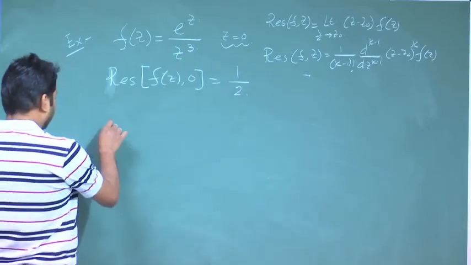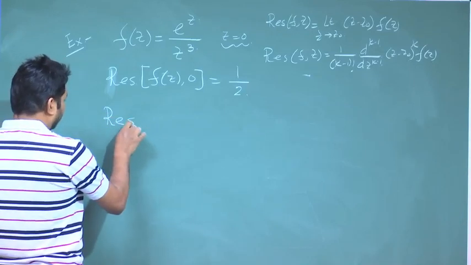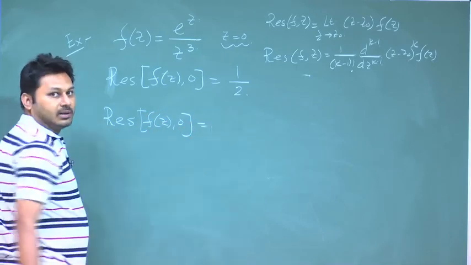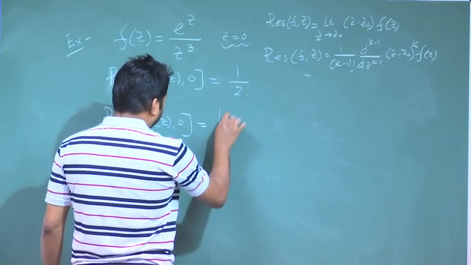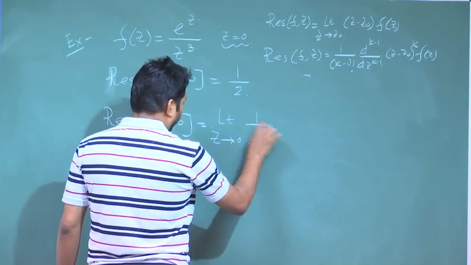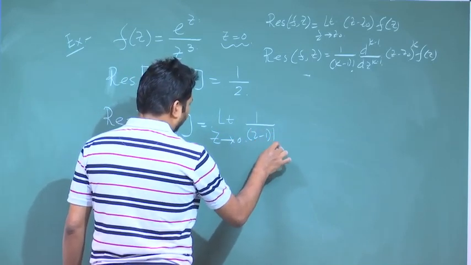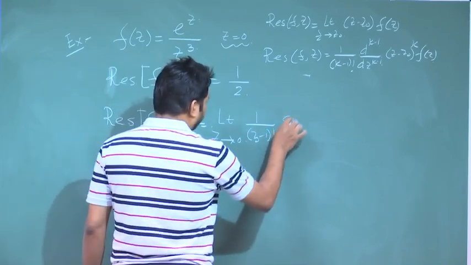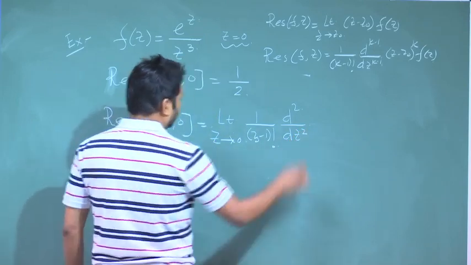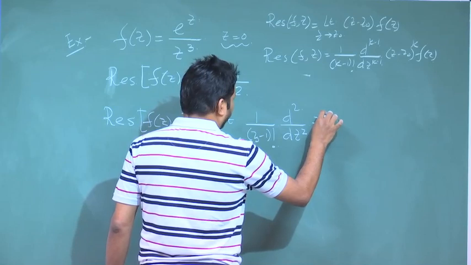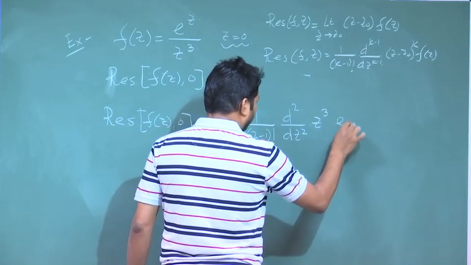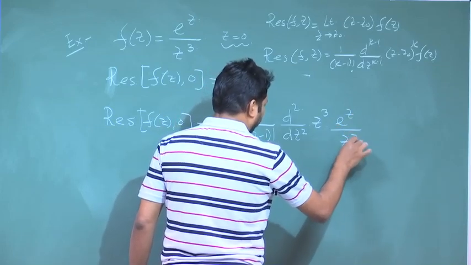So the residue, using the formula, of the function at 0 comes out to be limit z tends to 0 of 1 divided by (3 minus 1) factorial, d2 by dz square of z cube times the function e to the power z divided by z cube.